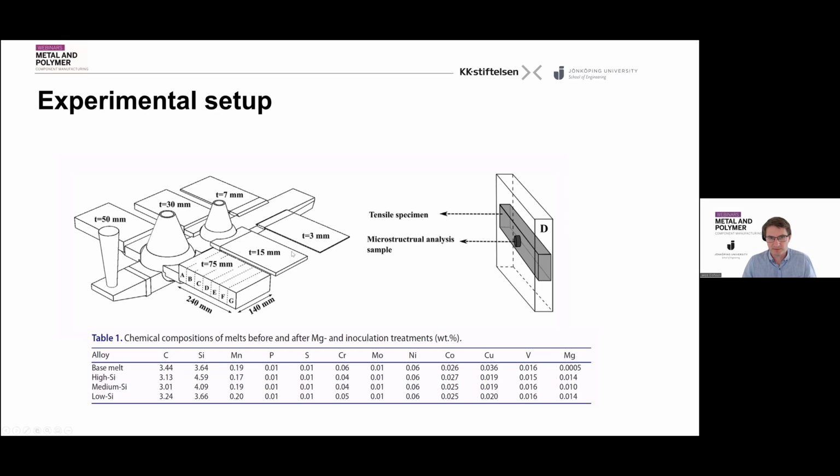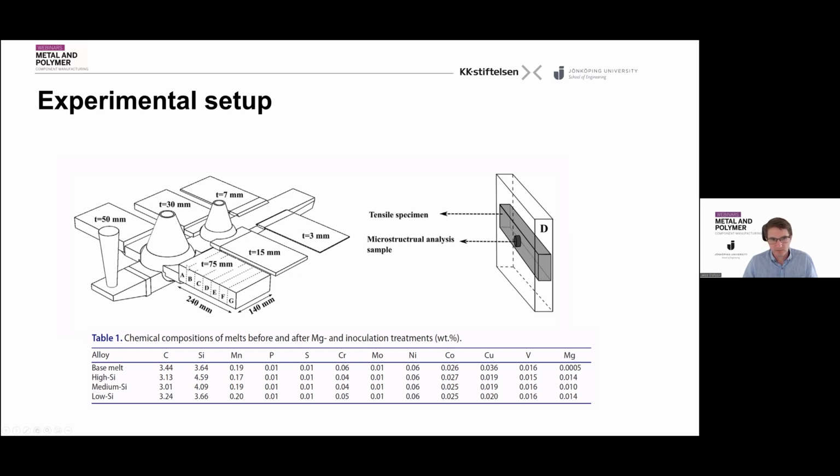And then this is sectioned, as you can see here, into different parts, A, B, C, D, E, F, G, from which we can take both tensile specimens and microstructural analysis samples. So we can both check the microstructure and do tensile testing at these different conditions.